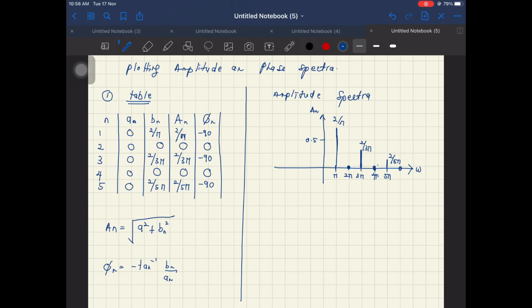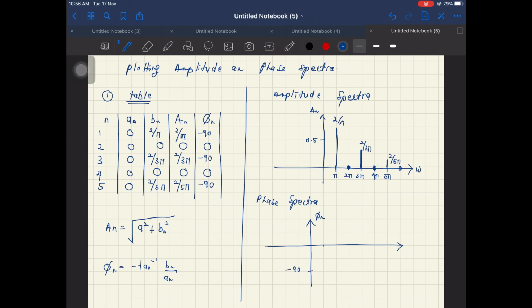So now as you can see, I plot until 5 over pi, and where n is an even number, I still put a dot there, just to show you that you have to plot everything even though the value is 0. Just for the sake of showing that you understand.